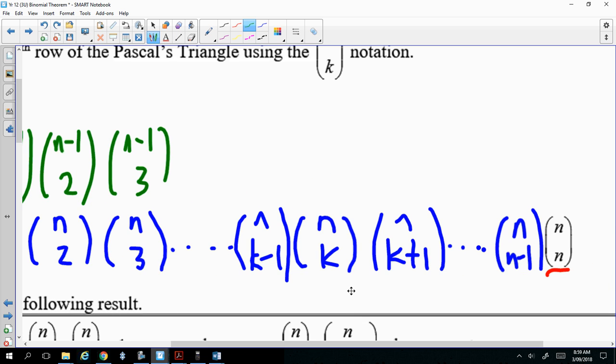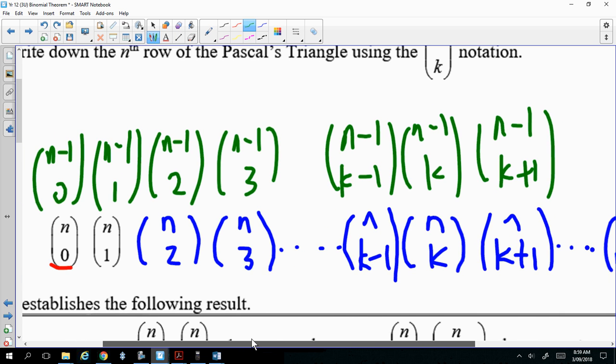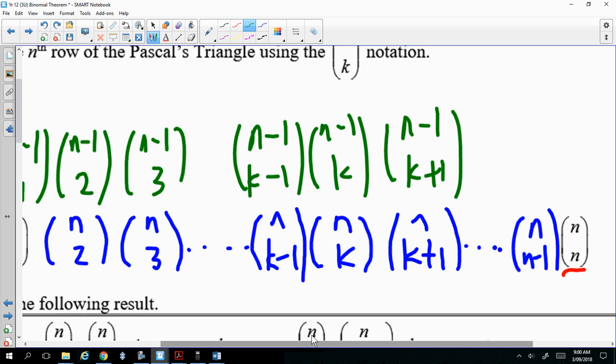This will be (n-1)Ck, (n-1)C(k+1), (n-1)C(k-1), right? And the row before will have one less term from the row below. So the last one will be (n-1)C(n-1). That's where it stops. That's the last one.